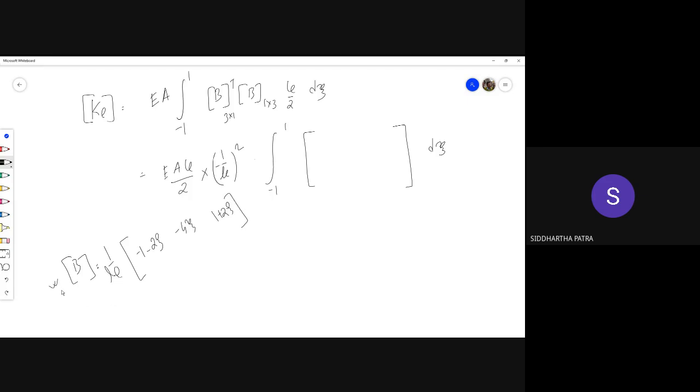Can you check whether B is coming to be this expression, if you instead choose it to be 1 by LE instead of 2 by LE? Yes. Okay, so that way it would be a little simpler.